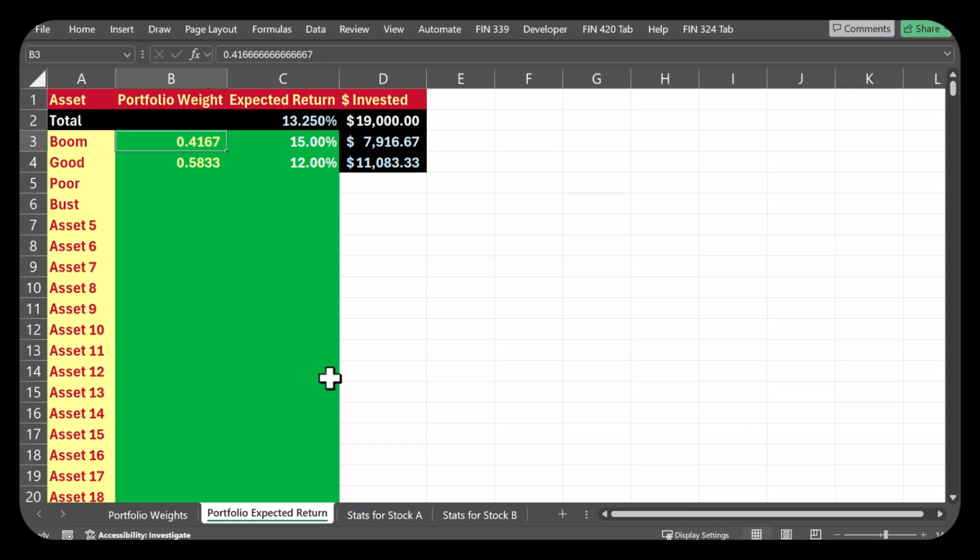Portfolio weight. Remember, portfolio return is the weighted sum of the return of each asset. So I can use the portfolio expected return template.